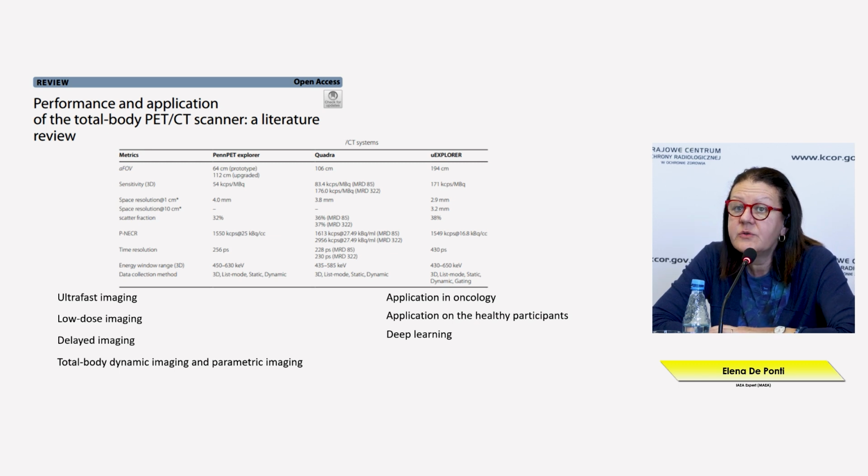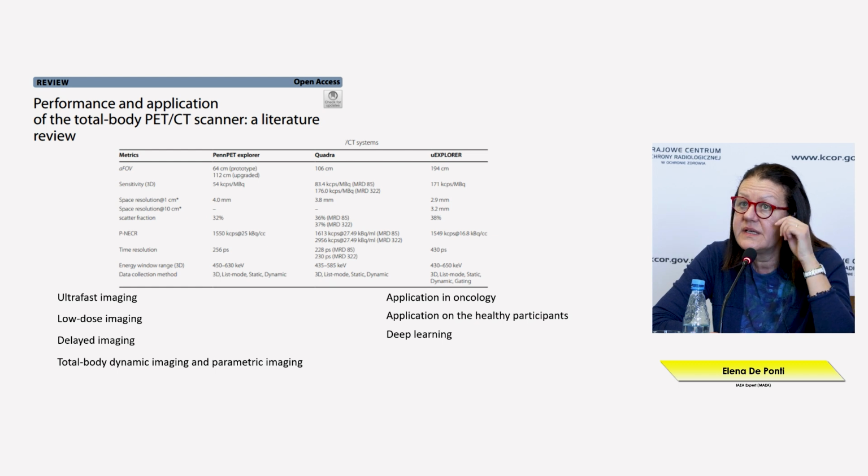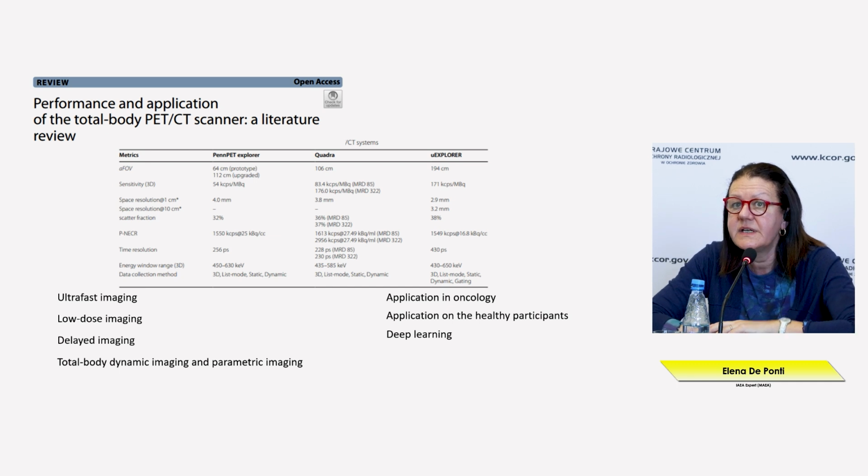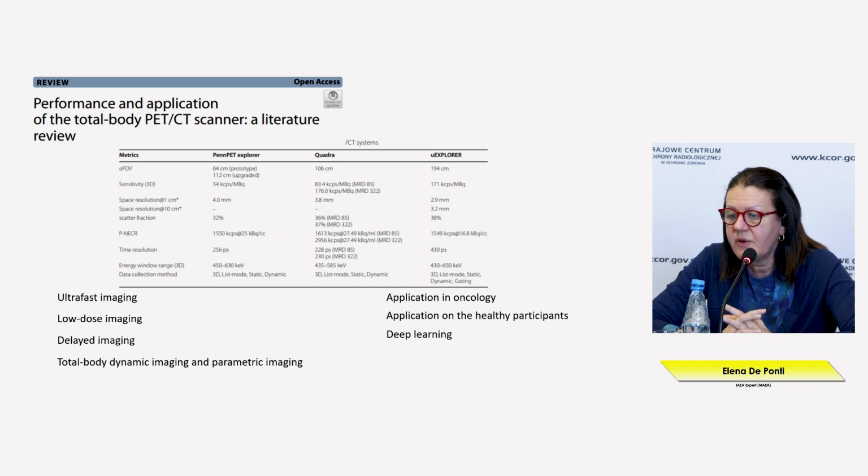First of all, ultra-fast imaging. As they have such a big field of view, they have a very high sensitivity. That means that in a very short time we can acquire a number of coincidences that is enough to get a three-dimensional representation of the distribution of radioactivity in the patient.